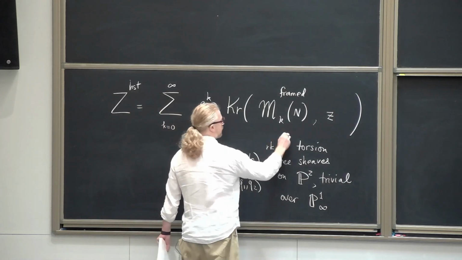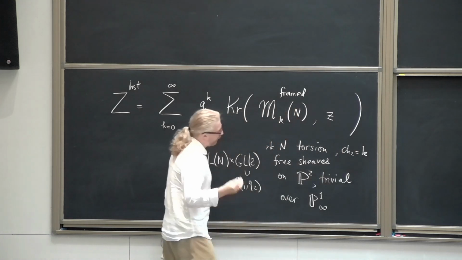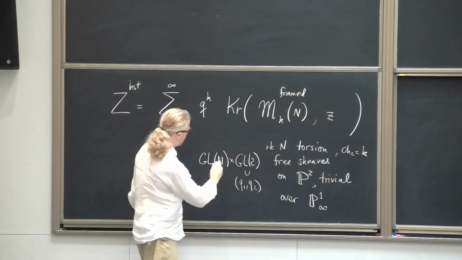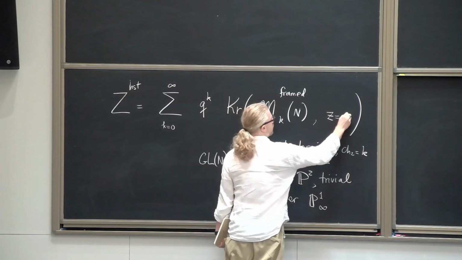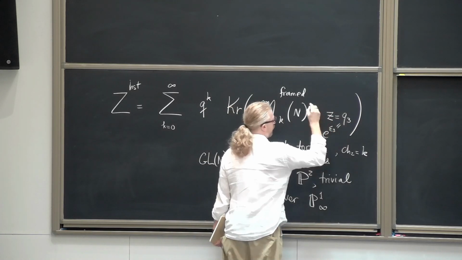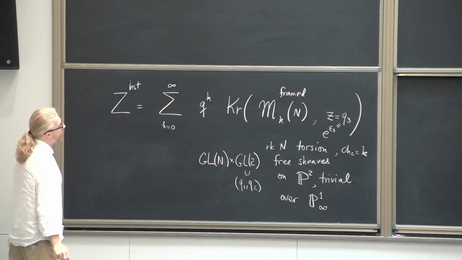And K is the... now this is somehow a change in notation. So this was Q3, which was e to the epsilon 3 in my lecture yesterday.